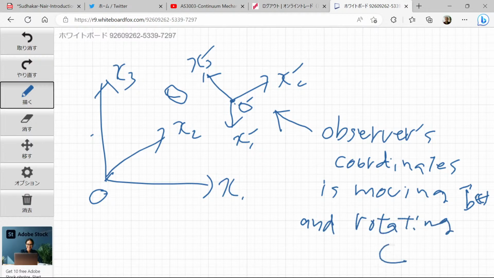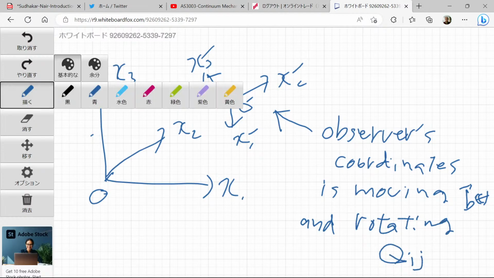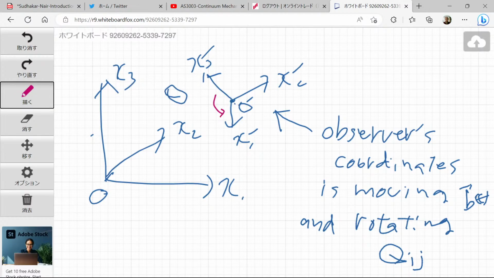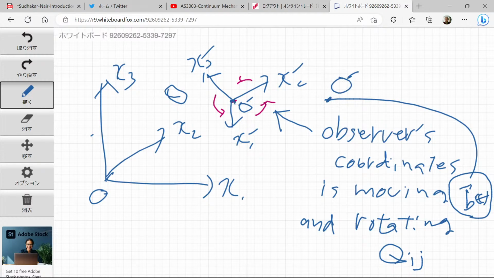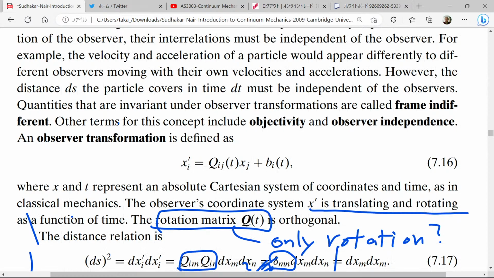So the rotation is given by Qij. So this whole coordinate, the observer's coordinate, is rotating and also moving. This origin O prime is moving, and at the same time the coordinate is rotating.